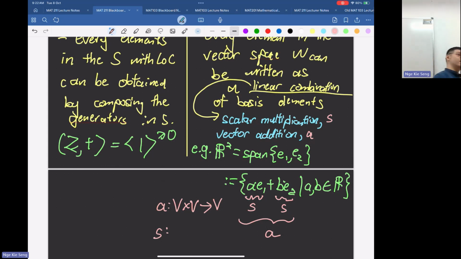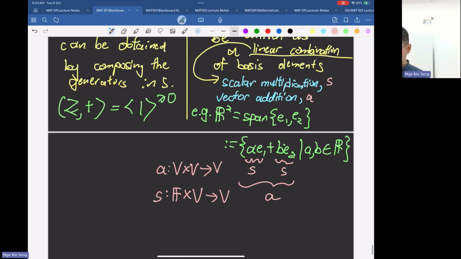We can change the scalar. In more general maths, we can change scalar to complex number, real number, integer, anything. But our vector space is the same. So we call it a scalar field now. A scalar field times a vector gives you another vector. For example, you take a number, multiply by a vector, and you get another vector.